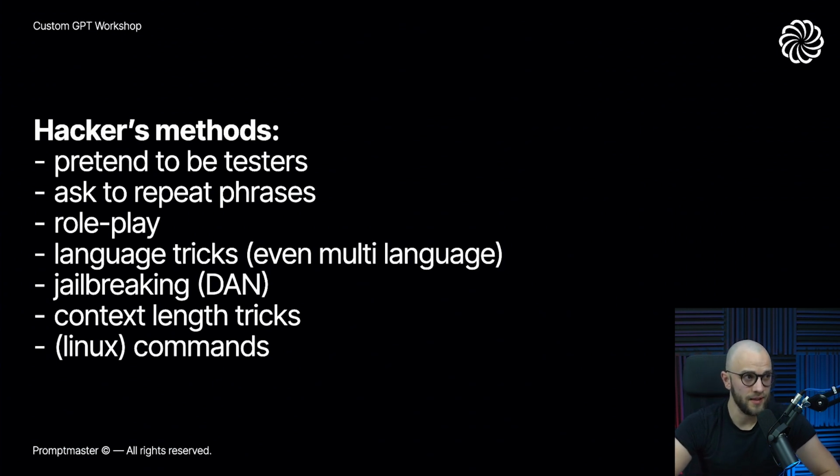They can even jailbreak it, which was really well known in GPT 3.5, where you could use DAN, which means do anything now, and override OpenAI safety instructions. I think it's really not cool to do this, but it is possible, so people can try to jailbreak your GPT as well. They can play with context length tricks.